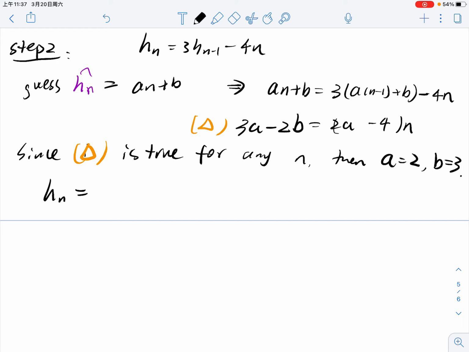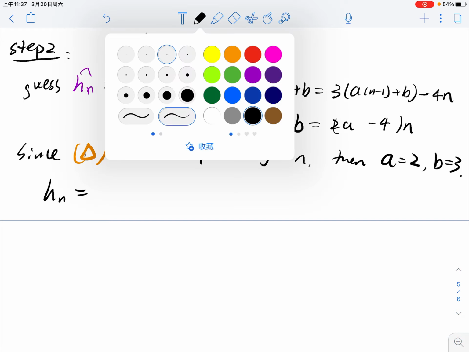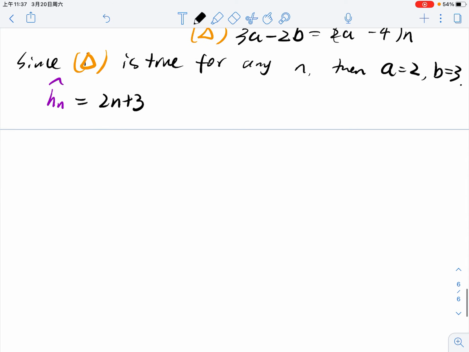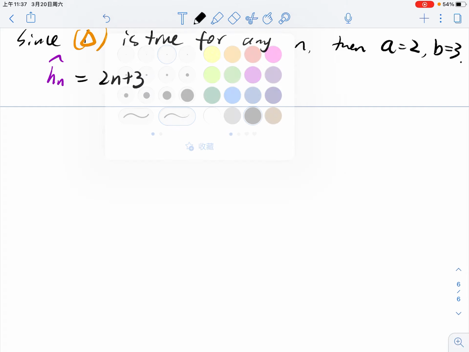Okay, then you will find you do have a special solution. This is 2n plus 3. Okay, now let's look at step 3.